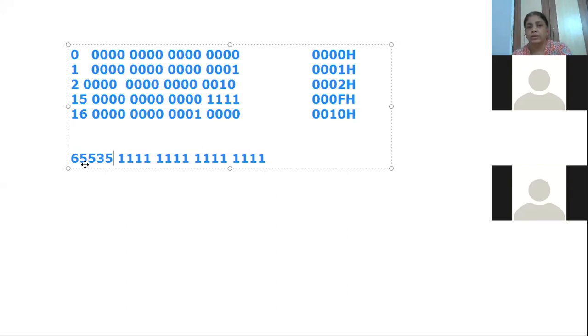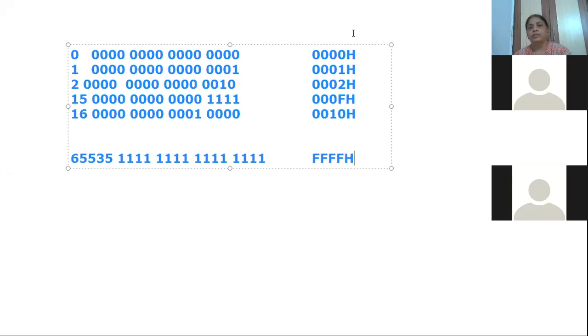When you convert this decimal number into binary, 16 ones will come. Now what is the hexadecimal code for this? With a group of 4, what will it come? Very good. F F F F.